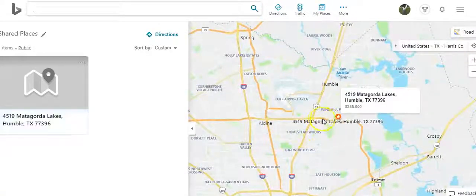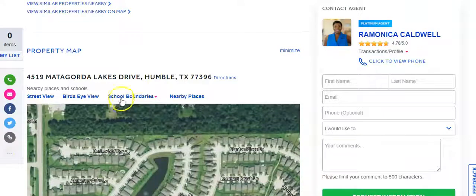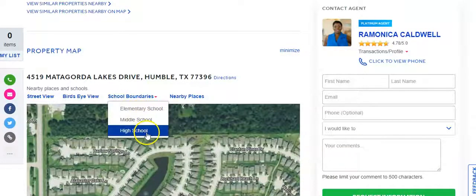So to give you an idea, you can see how close it is to 59, how close it is to the Beltway, depending on what neighborhood you desire or prefer to be in. You can do school boundaries. You can see where the elementary school and high school and middle school, nearby places.